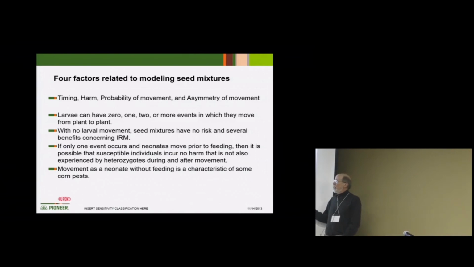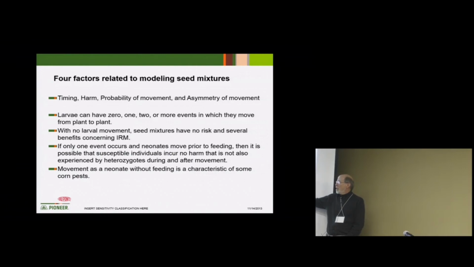And you need to understand that it's not always going to be the same. Larvae can have many events at which they move. With no larval movement, seed mixtures have no risk and might have several benefits concerning IRM because of the adult behaviors, allowing the greater mixing of the adults.